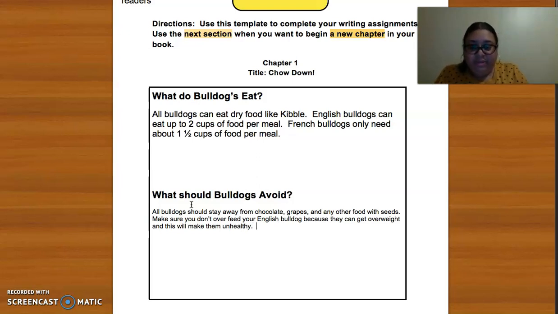Writers, do you see how I was able to teach information using different subtopics and by comparing and contrasting the information? And the way that I chose to do this was to compare and contrast the two different dogs right in the same topic, in the same subheading.